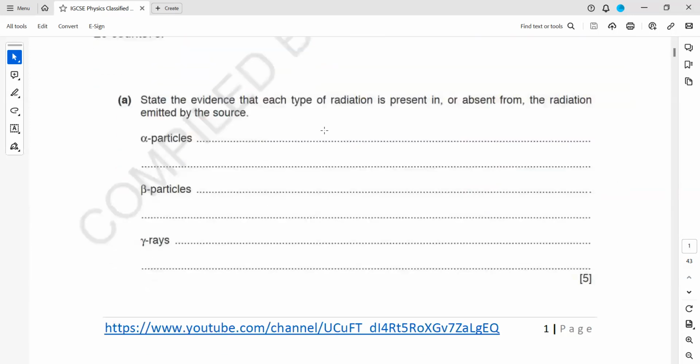State the evidence: which type of radiation is present or absent. Alpha, what will we say? Present. And why is the alpha present? Because the paper reduced the counts.